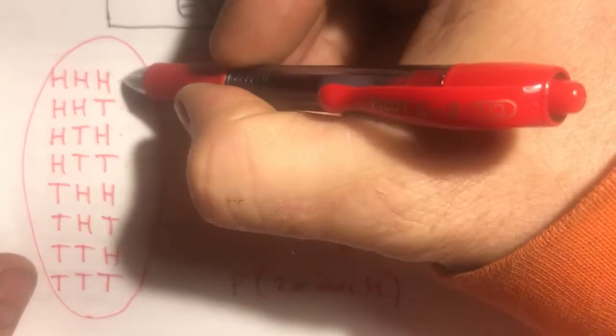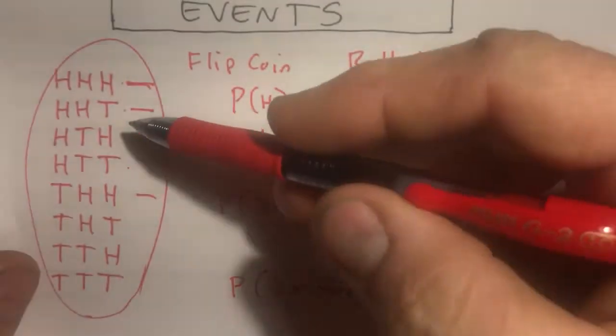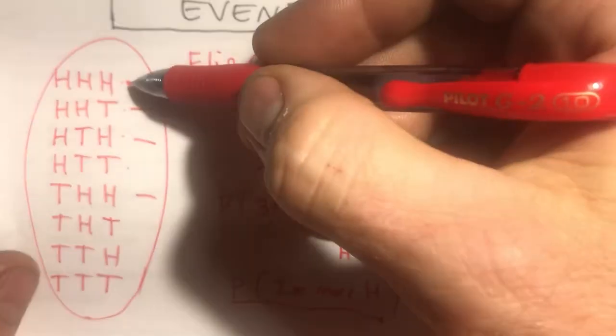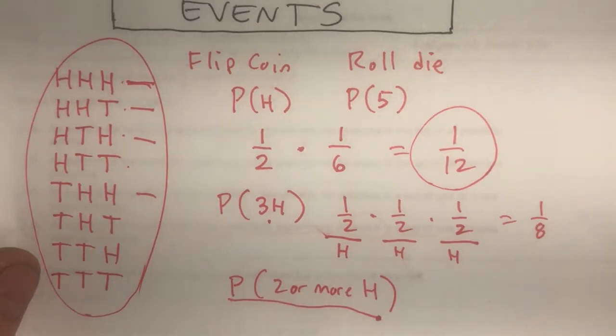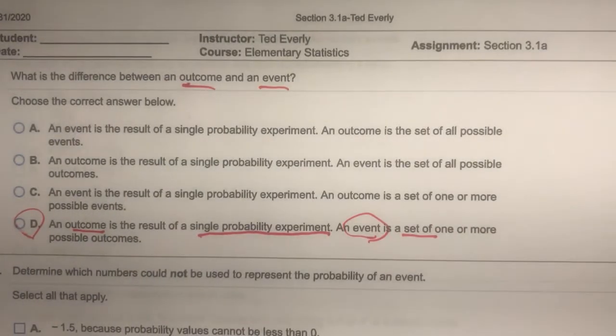Okay, well, that one would work, that one would work, this one would work, this one would work, and that's it. So there's 4 of those. So this is an event which has 4 possible outcomes. So an event could have 1 or more, but an outcome is just a single result.